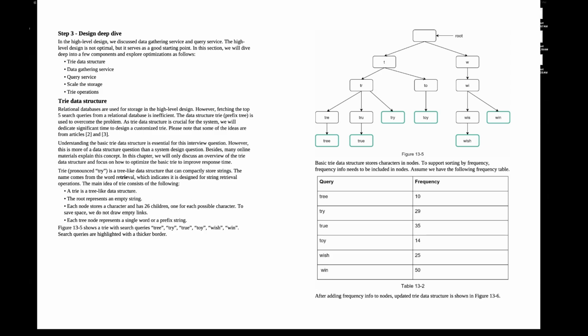In the node itself, we can store the count, but this is not the optimal trie, right? It will again end up traversing all the nodes.